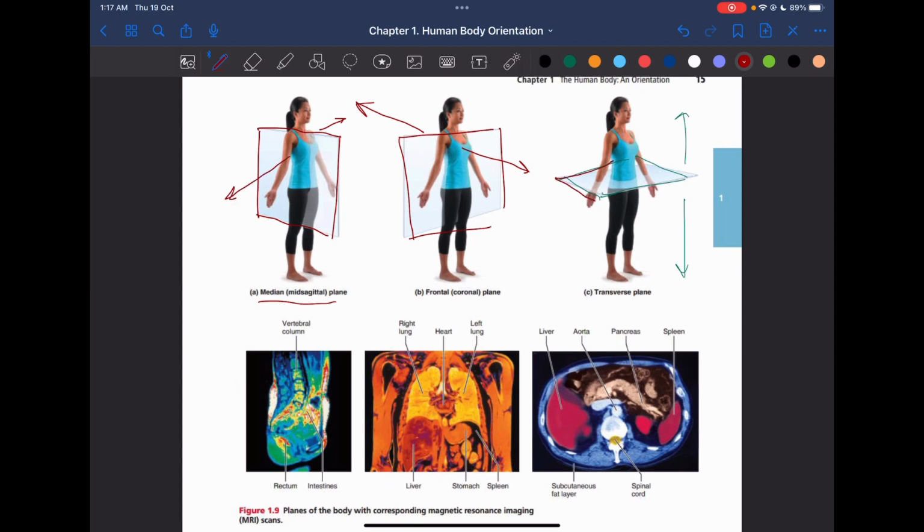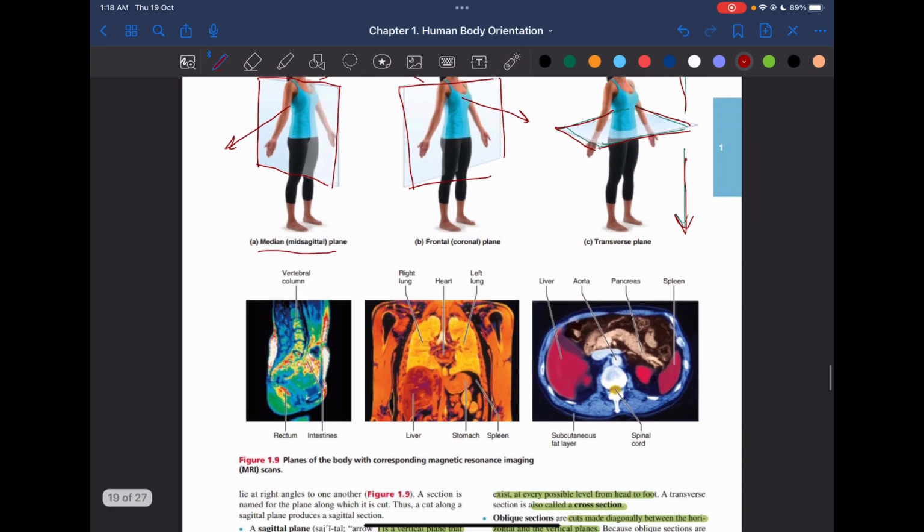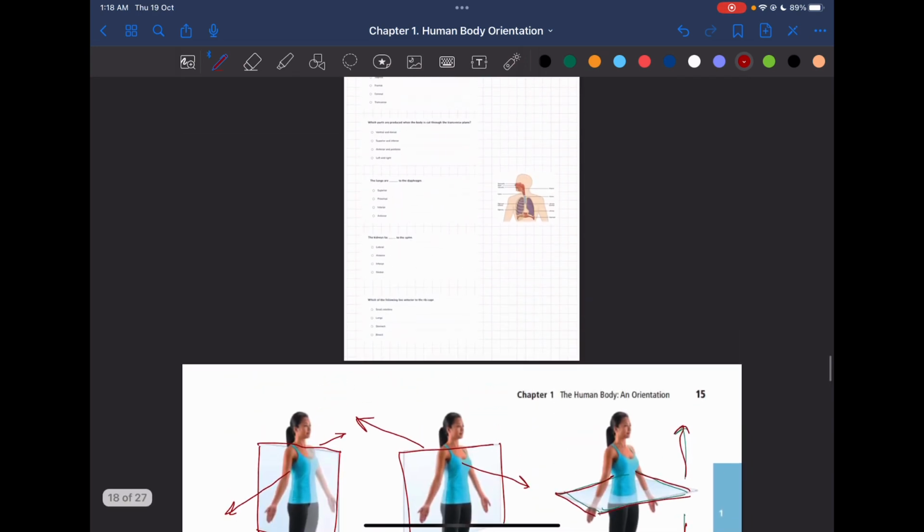And this one here, up and down, is transverse. They usually ask about transverse, but you need to know all of them, and remember which is best for which organ, because the organs are mentioned here. I'm not going to go through them. Please go through them.